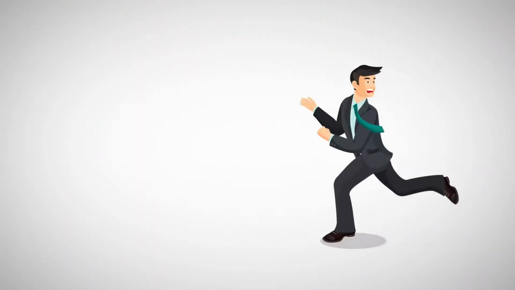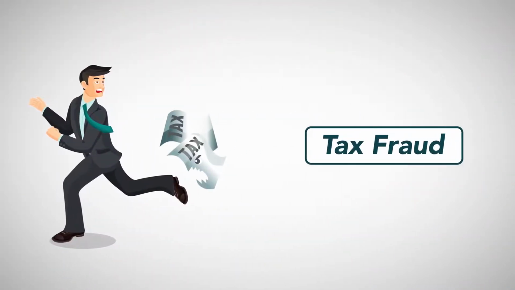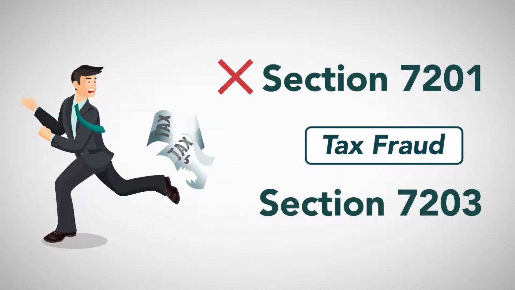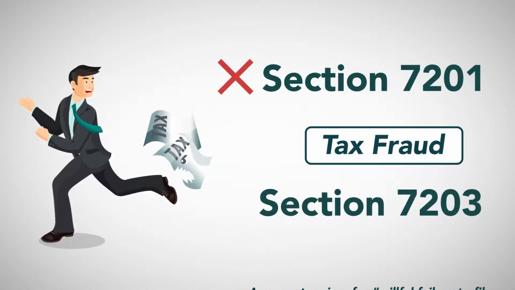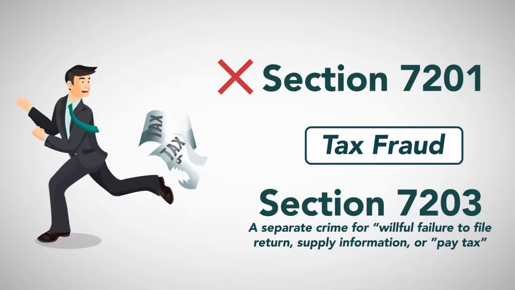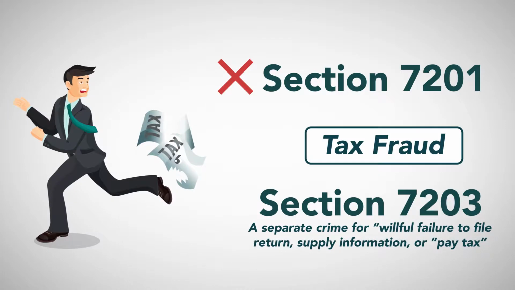While failing to file is not strictly considered tax fraud under Section 7201, Section 7203 of the Internal Revenue Code establishes a separate crime for willful failure to file a return, supply information, or pay tax.